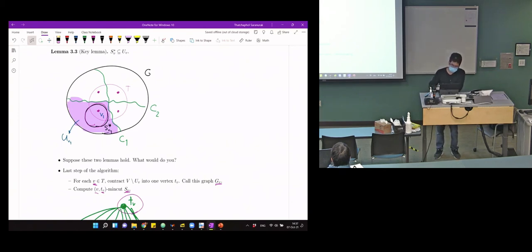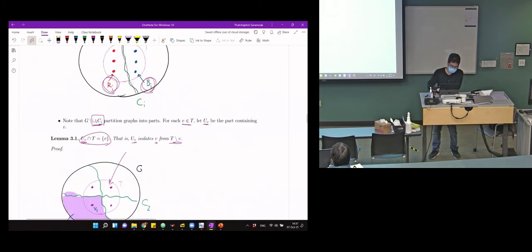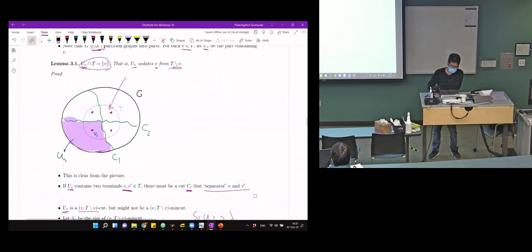So again, we start from terminals, right? And we partition the terminals into two parts in log t many ways. Each time you partition it in one way, you get some cut.